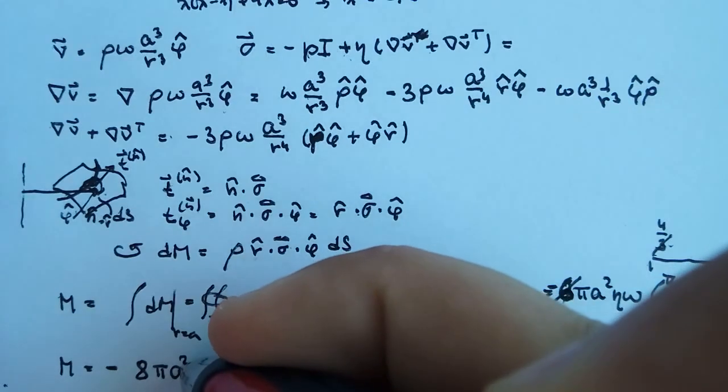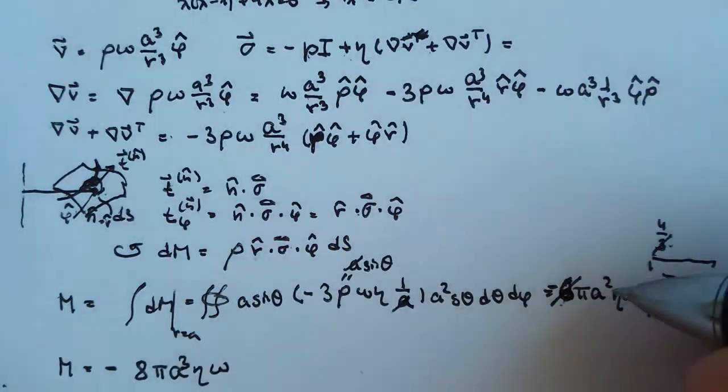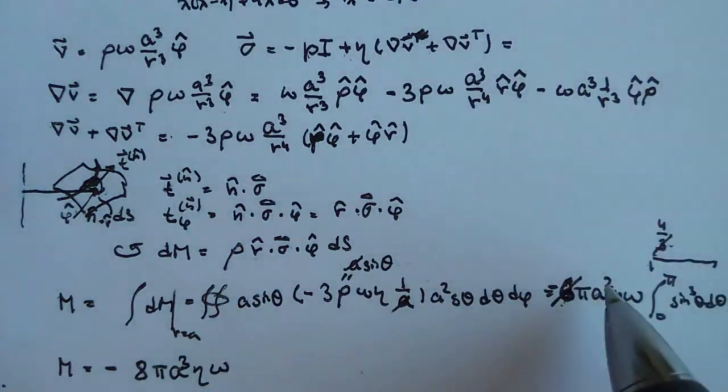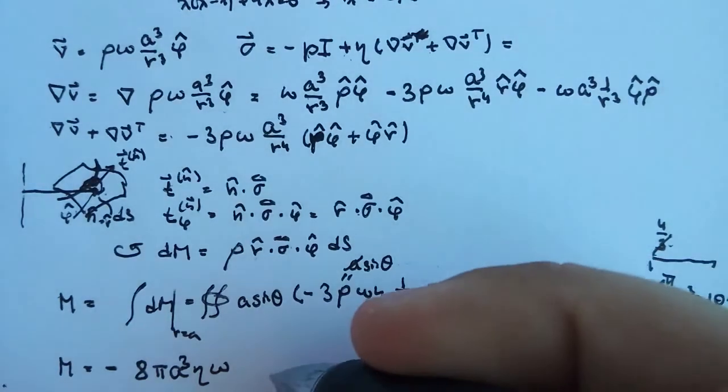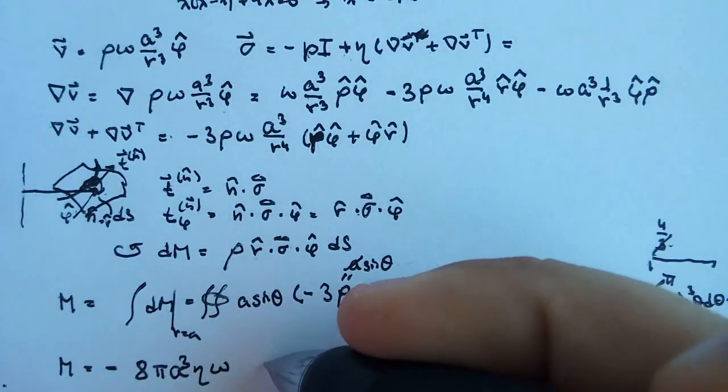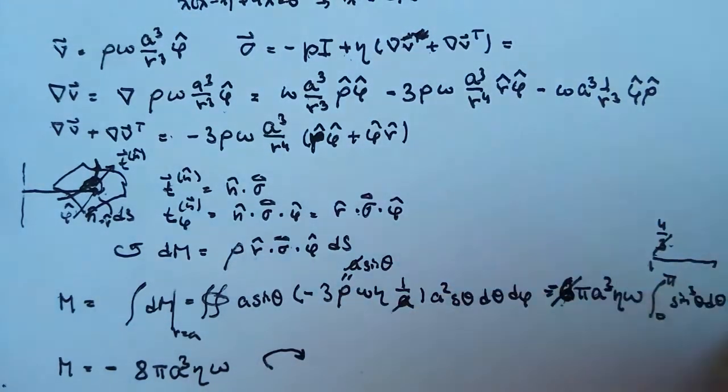I'm sorry, a cubed. There is a cube. So this is our moment, and as you clearly see, it's negative, so it means that the fluid is actually slowing the motion of the sphere.